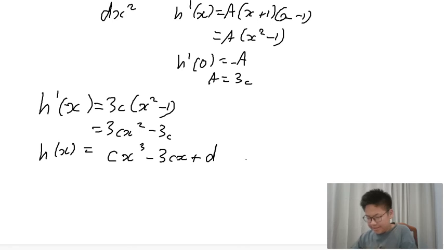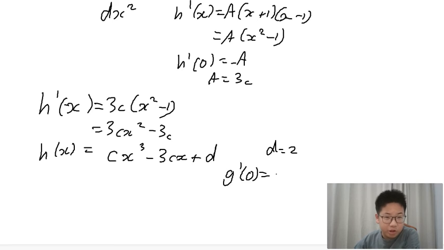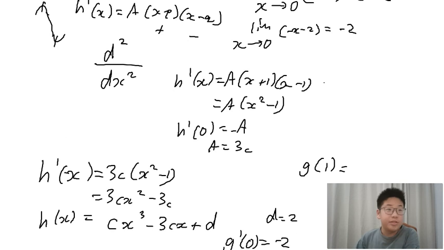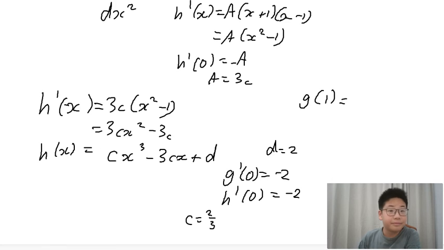So this means that we have to let d equal 2. And since g prime of 0 equals negative 2, h prime of 0 is also negative 2. So this means c equals 2 over 3. Now we are going to calculate g(1). g(1) equals, let's use our defining formula, 1 minus 1 squared plus 1 equals 1.